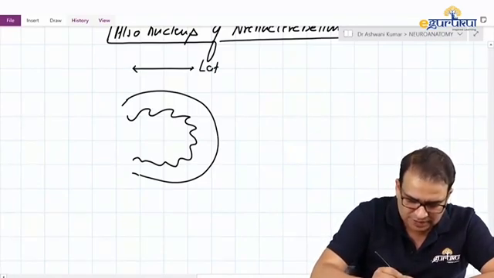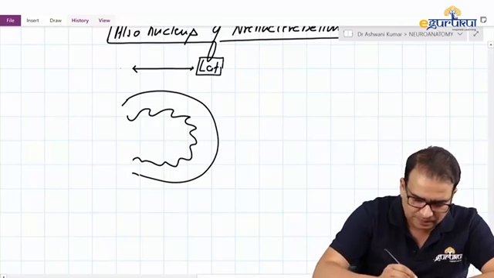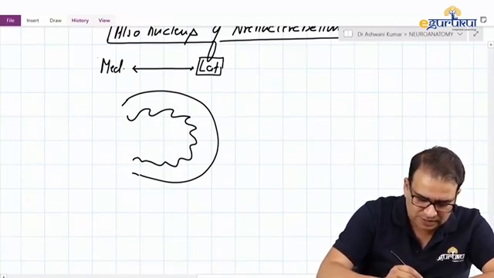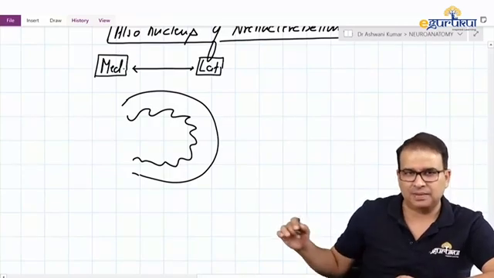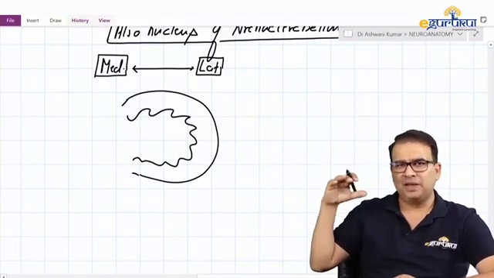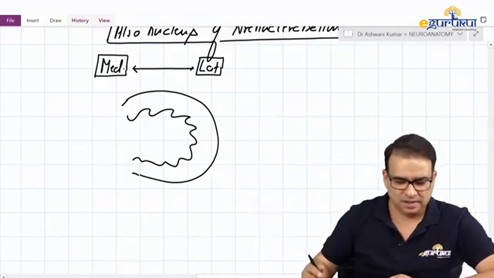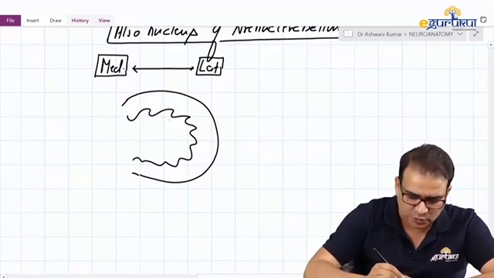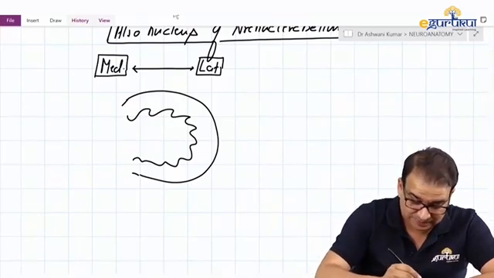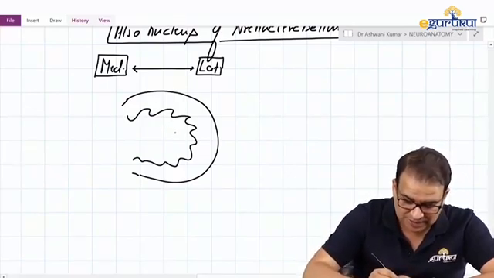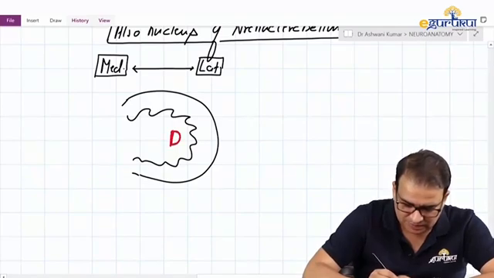In this section, let's say this is the lateral side and this here is the medial side. The most laterally placed nucleus is the dentate nucleus. I'm just writing the alphabets only, D for dentate, the most laterally placed.